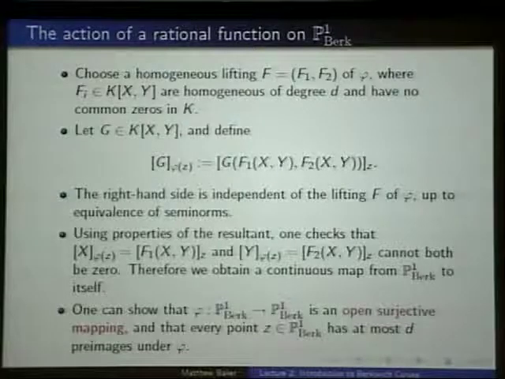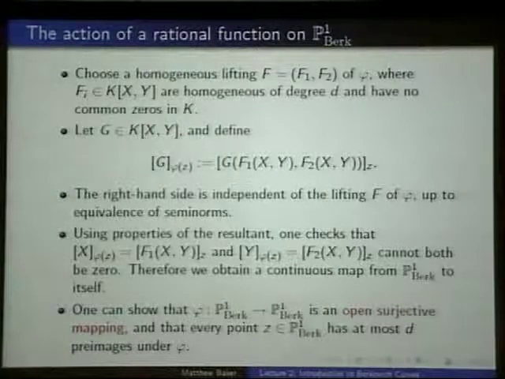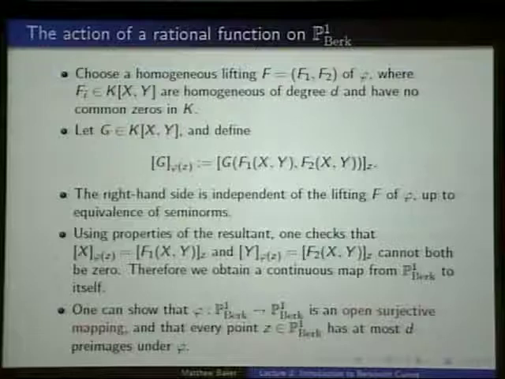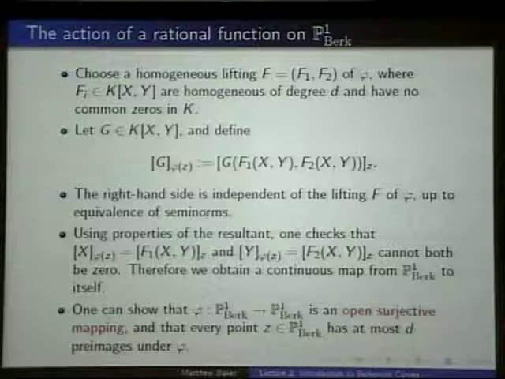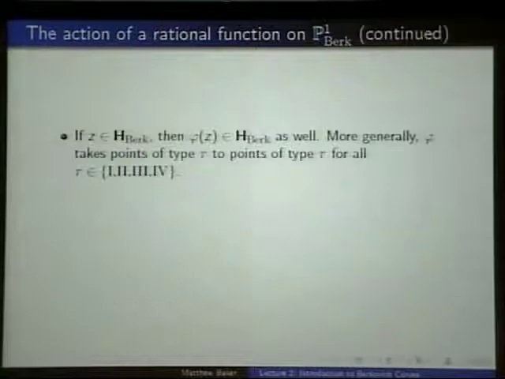A rational map over C will induce a map from the Riemann sphere to itself with these properties, and the same is true in the Berkovich context. And it respects the type of points: points of type tau go to points of type tau under such a map. In particular, hyperbolic space is preserved by the action of a rational map.